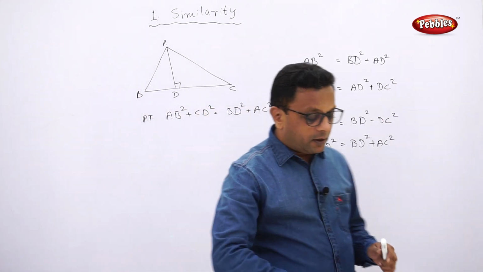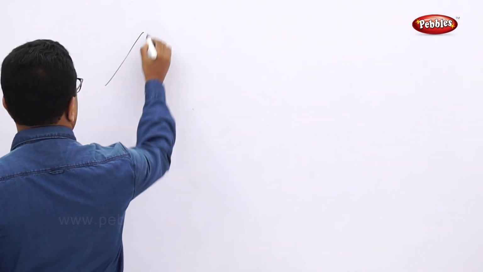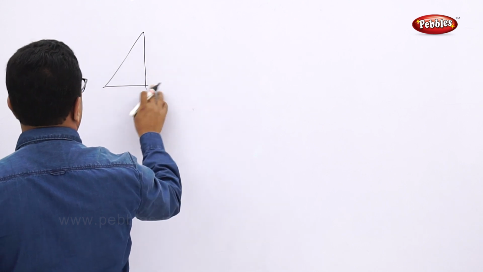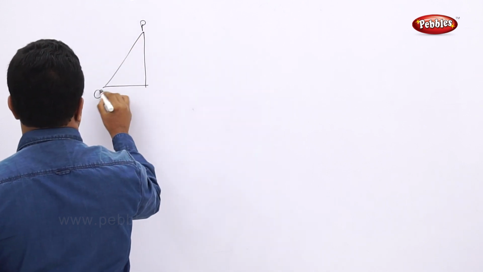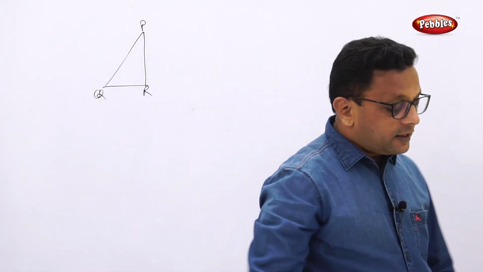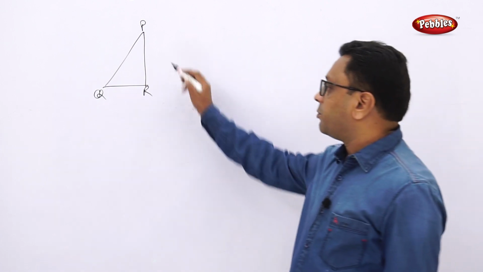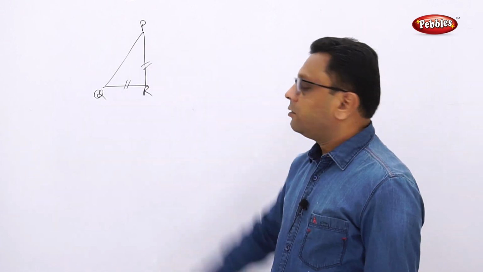Okay, let us see a few more problems. The next problem: triangle PQR is an isosceles triangle with segment PR equal to segment QR.